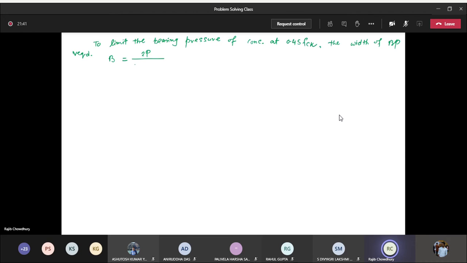P divided by L times 0.45 fck. Is that okay? The Y2. Won't it be 2?